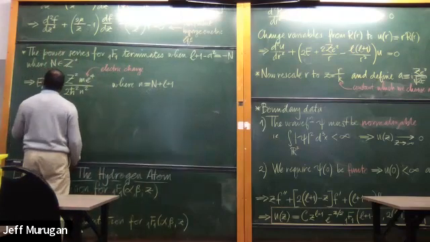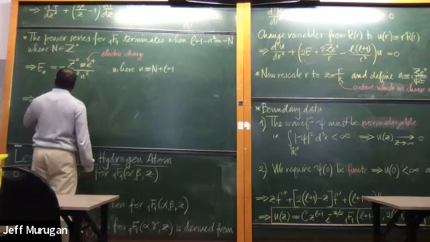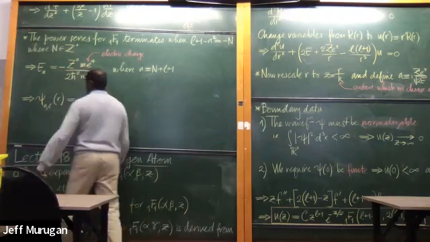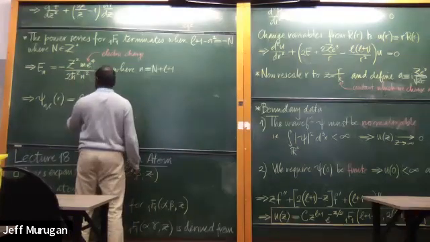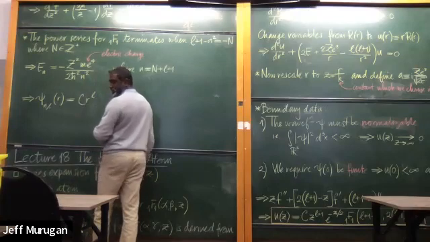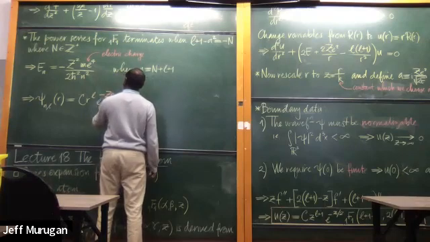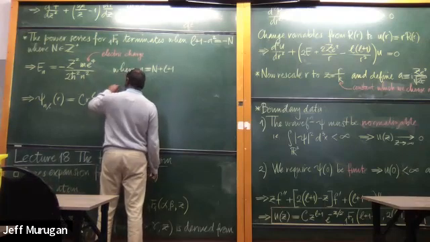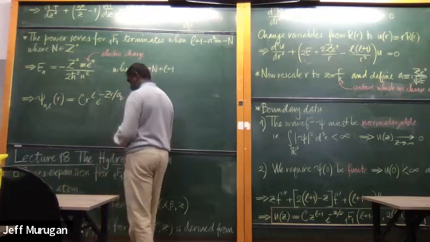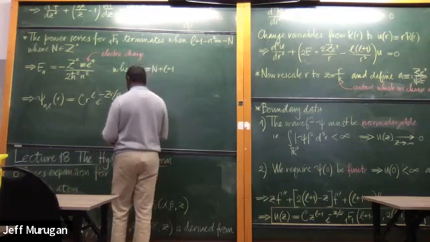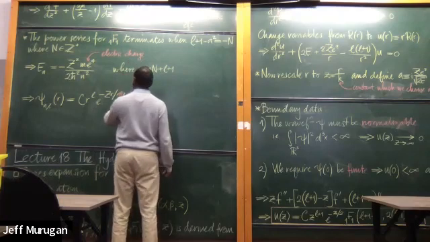And then follows our final solution, psi, labeled by n and L, of R. This is equal to a constant times R to the L, e to the minus the atomic number Z times R, divided by a sub B, the Bohr radius, times n.